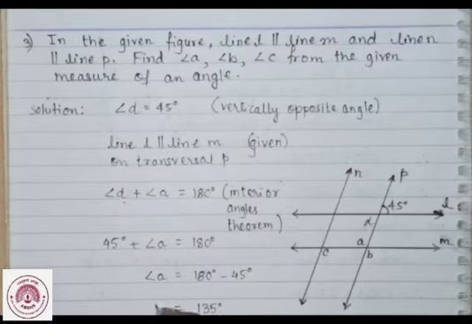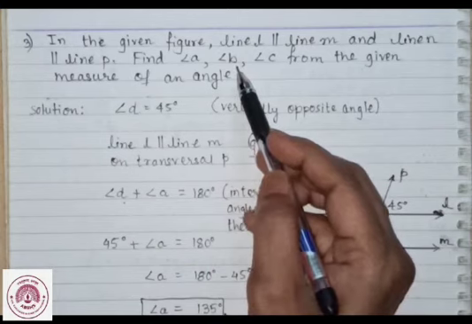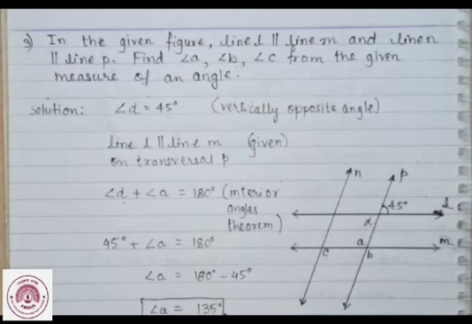Okay, so angle A we got. Now let's see the second, that is angle B we have to find.